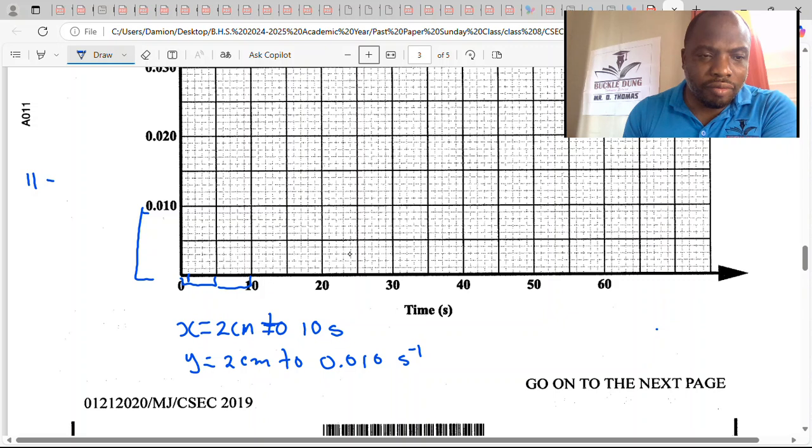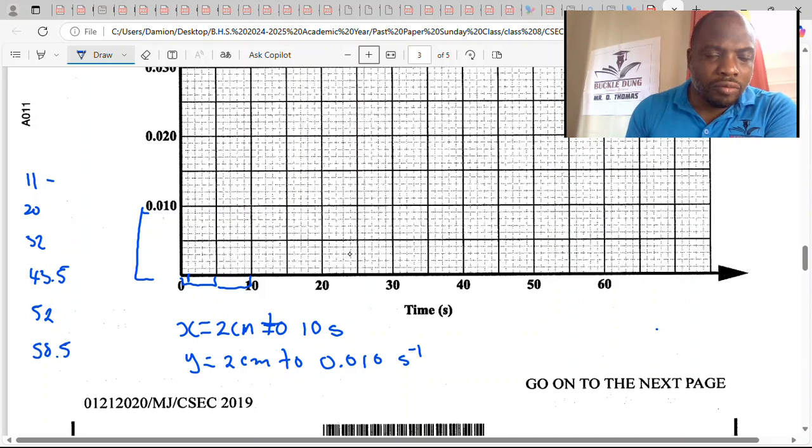Then 20, 32, 43.5, 52, 58.5. All right. So it was 11. So we go to 11.